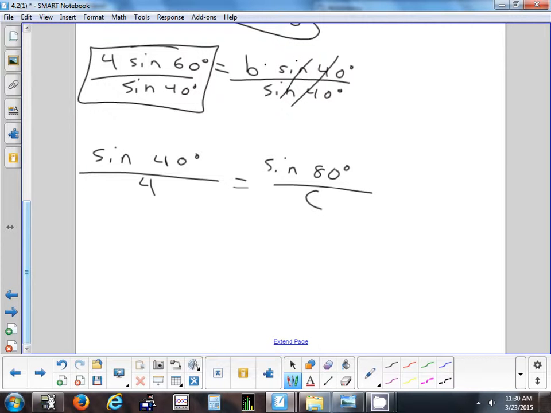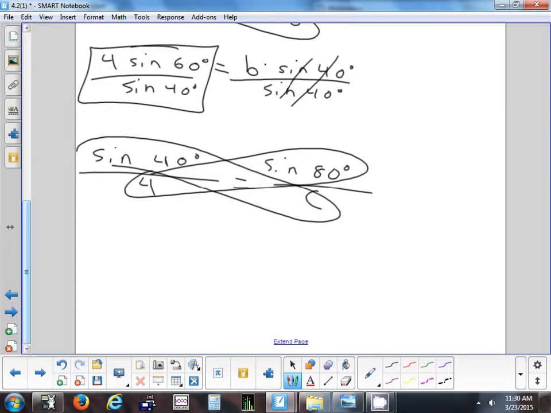Okay, and you go ahead and do your cross multiplying. If you can do the cross multiply step in your head, you know, it's what times what, divide by what, makes it a little faster. So I'm going to do it that way this time, and if you're not sure what I did, just let me know. I'm going to do 4 times sine 80.